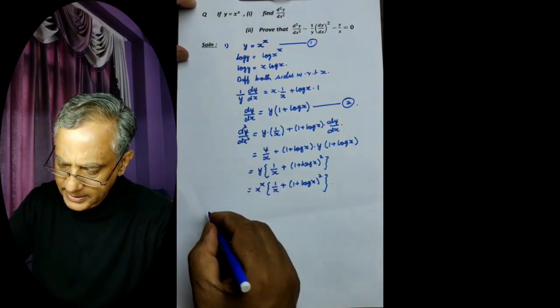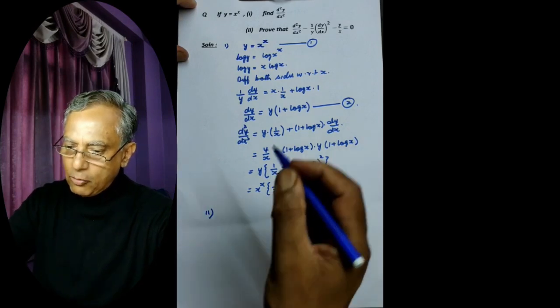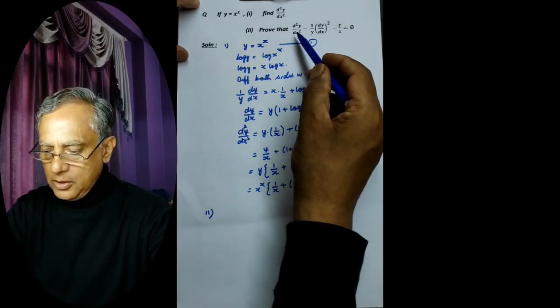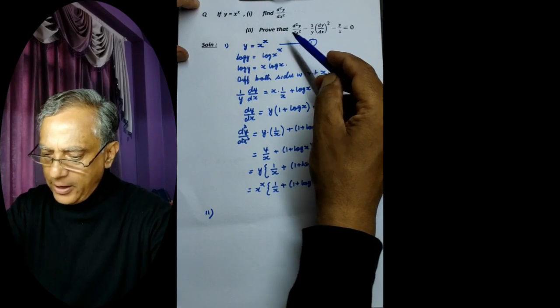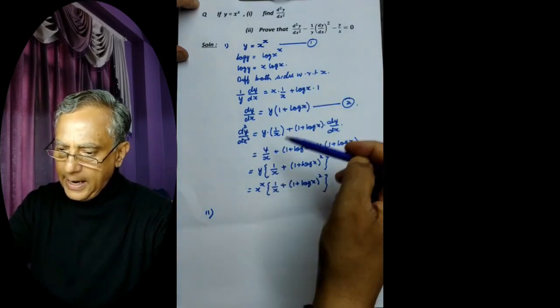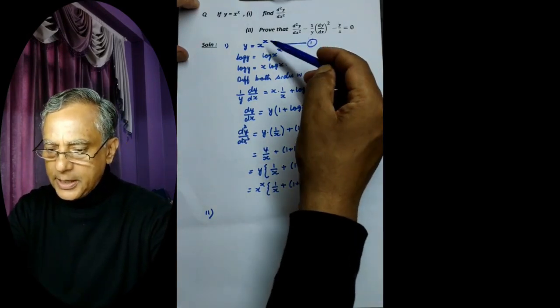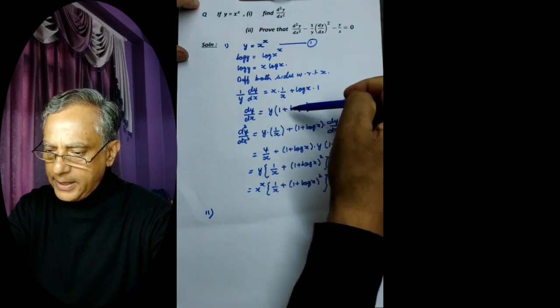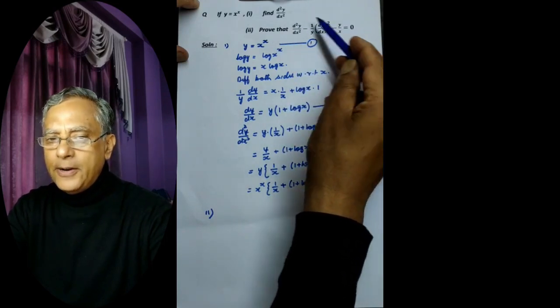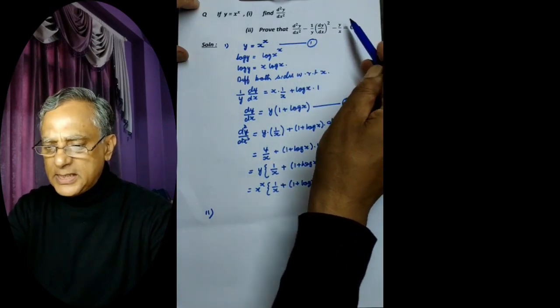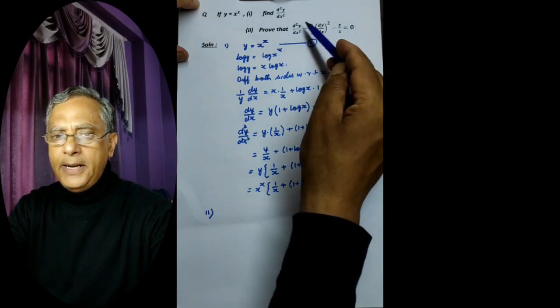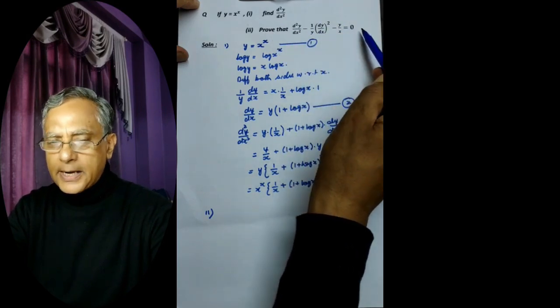And in the second part we have to prove this equation. One method can be, we find d2y by dx square and substitute it in this equation, and substitute dy by dx from here in this equation and simplify, we will get 0. But this method is a bit lengthy if this question is directly asked.